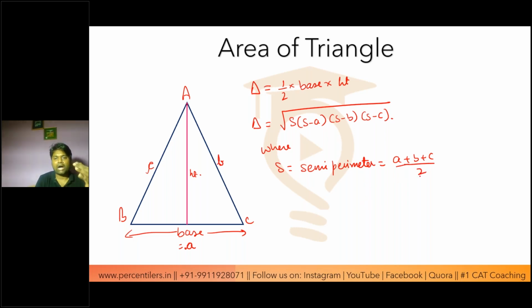Semi means half of the perimeter, and a, b, c are sides of the triangle.